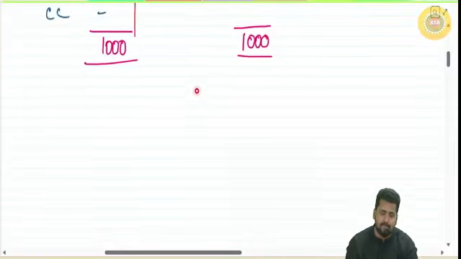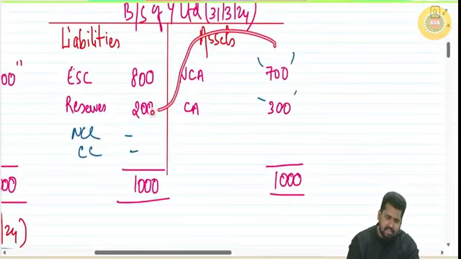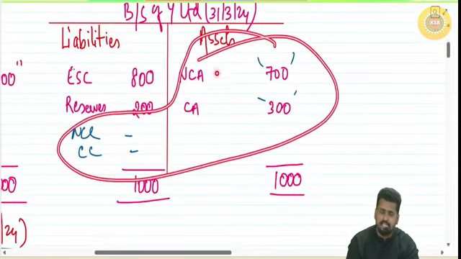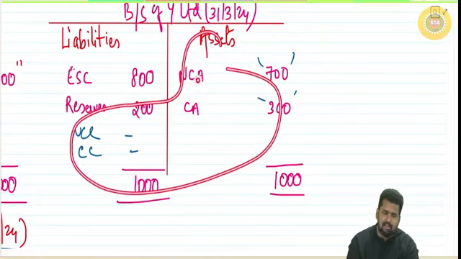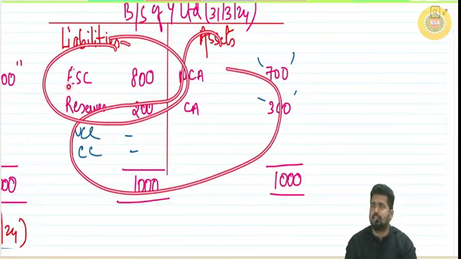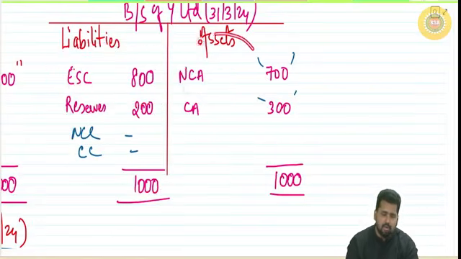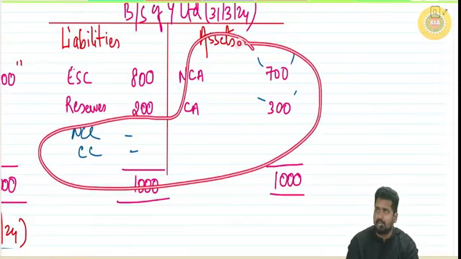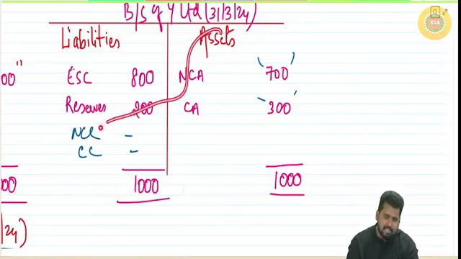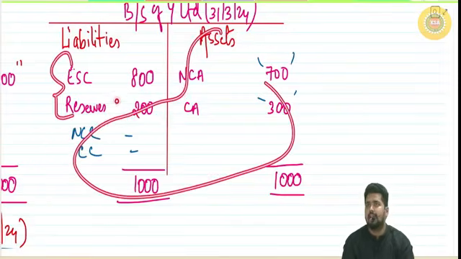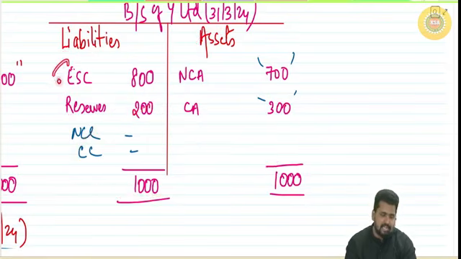Clear? If it is the liability approach, either you find it this way, which is the net assets approach, and you will get the same answer. If not this, there is one more way which we call the liability side approach. Like the net assets approach, either the asset side approach, or straightaway take what? The liability approach, which we call equity.